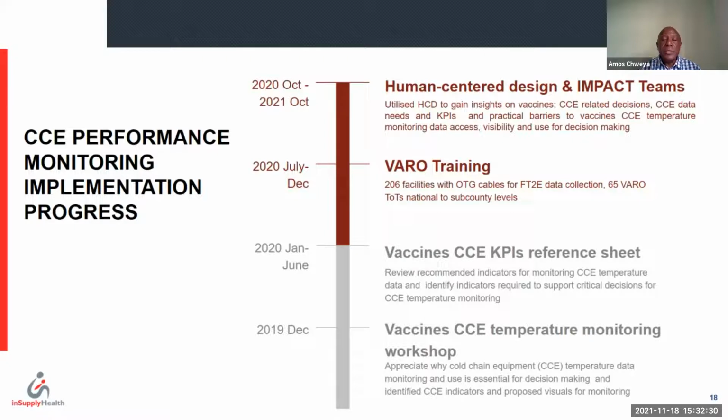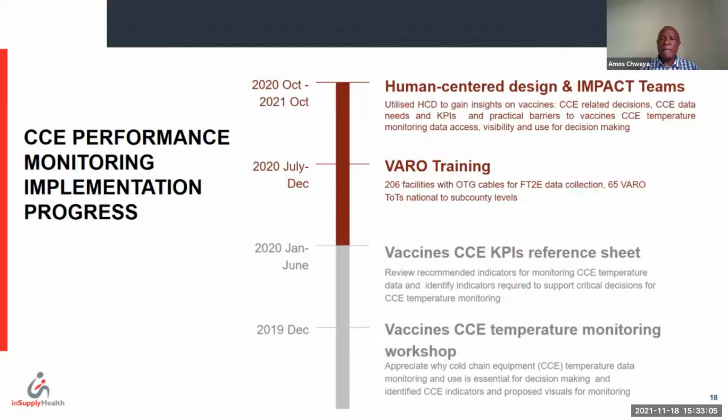So the country went into training some TOTs on Varo together with Pogo DV dashboard, and about 65 of them were trained. At the same time, courtesy of New Horizons, we received OTG cables that were distributed, and as they trained facilities on how to use Varo to send data through a Gmail to some destination.